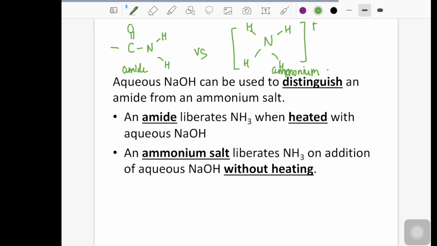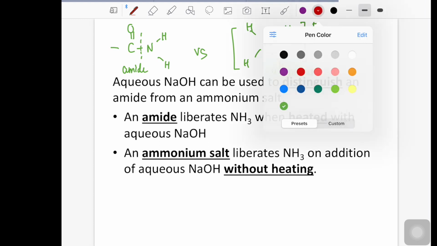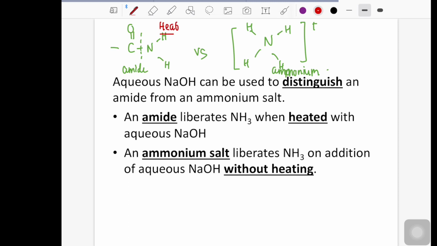For amide, if you want to form an amine by breaking that bond, you need to heat it up, reflux. For the ammonium ion, if you want to give out the ammonia, since you know ammonia is a conjugate acid, you just add sodium hydroxide to it with no heating. So one uses heat, the other one doesn't, but they will give you the same product, which is ammonia.